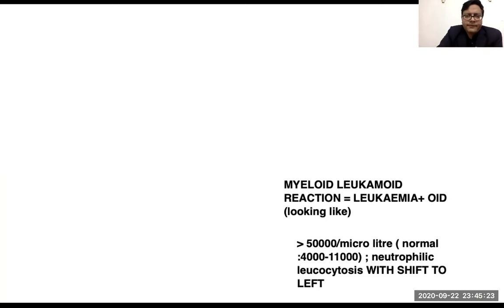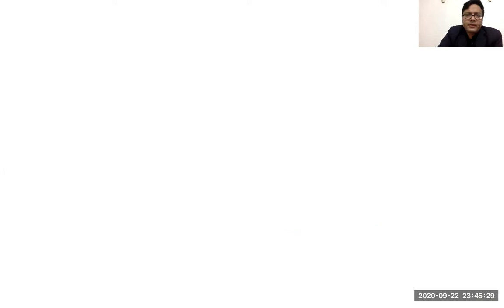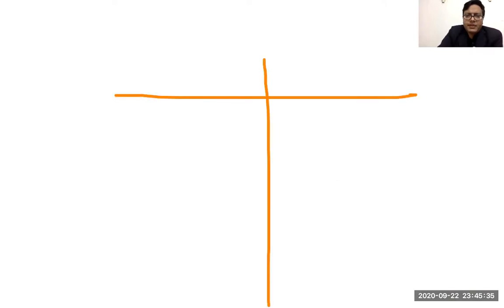So let me clear all these things first. So this is CML and this is leukemoid reaction. So what are the differences?